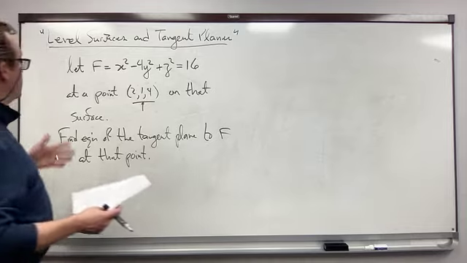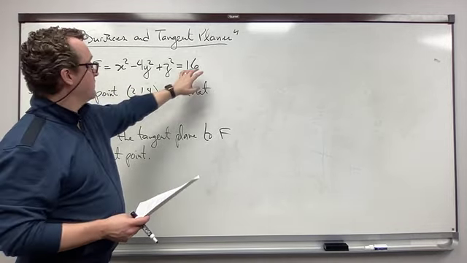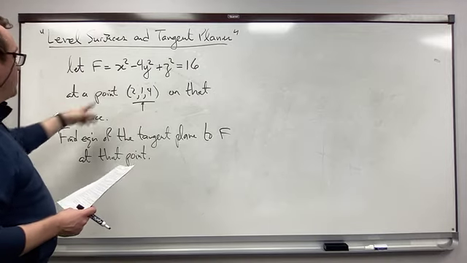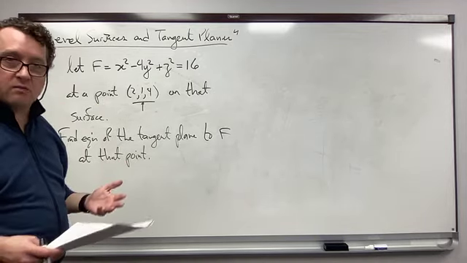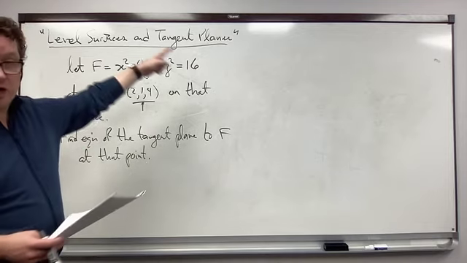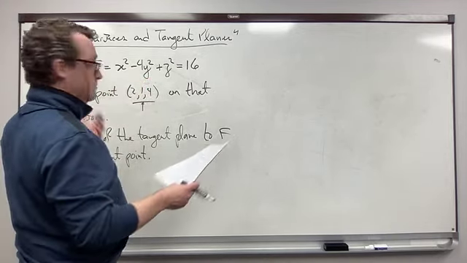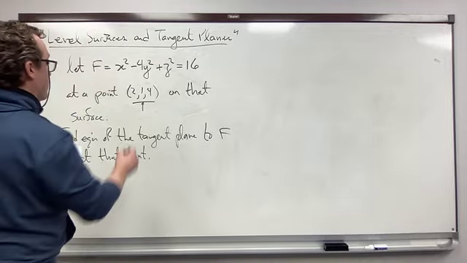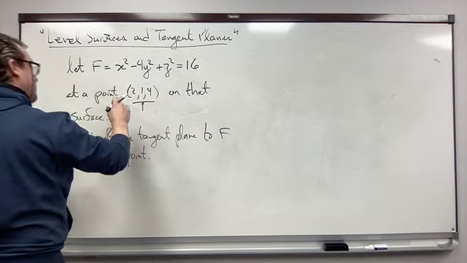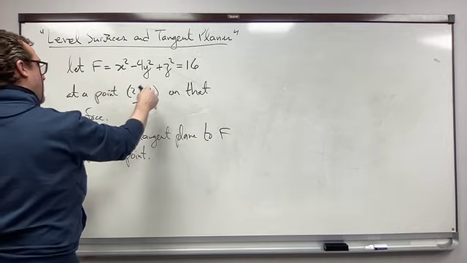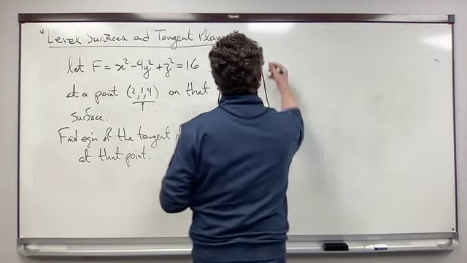If the question said, let f equal this, I want it equal to 16, and at a point 1, 1, 1 on that surface, that would be an erroneous problem, because the point 1, 1, 1 isn't on that surface. 1 minus 4 plus 1 is not 16. So this point is on that surface. Now I want the plane tangent to this level surface at that point, so we want the gradient.